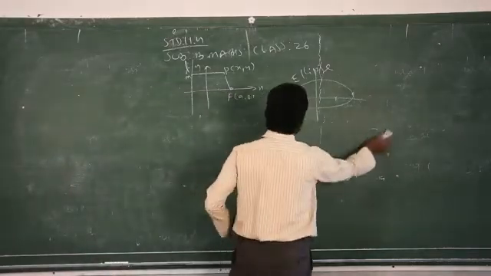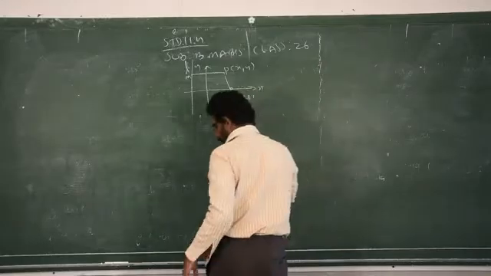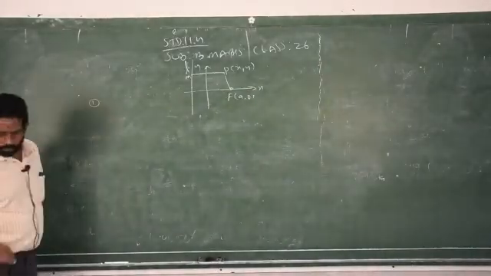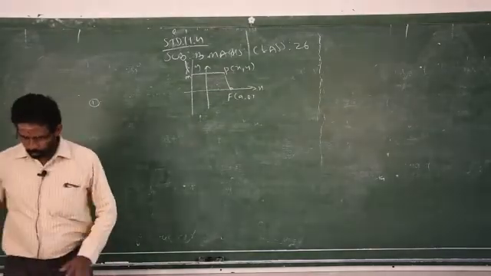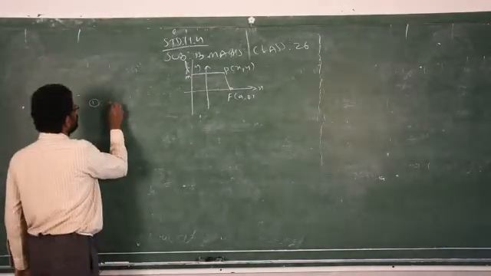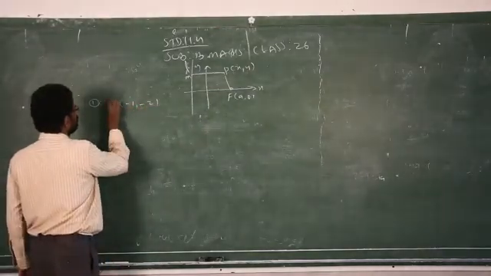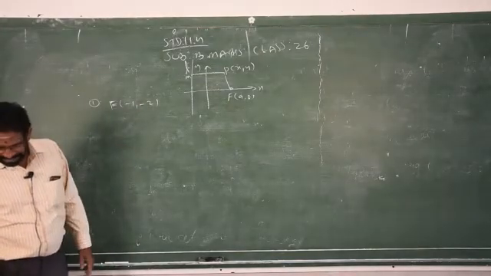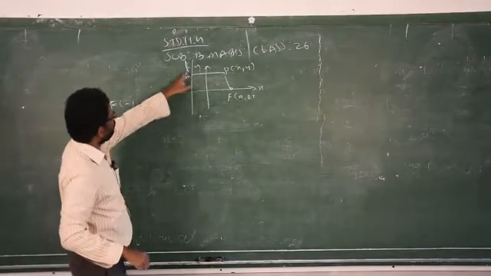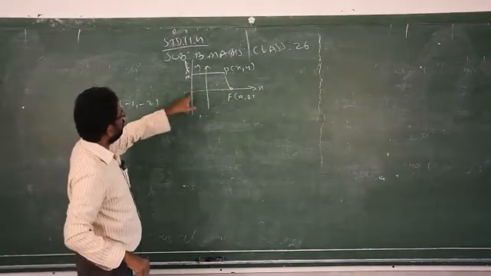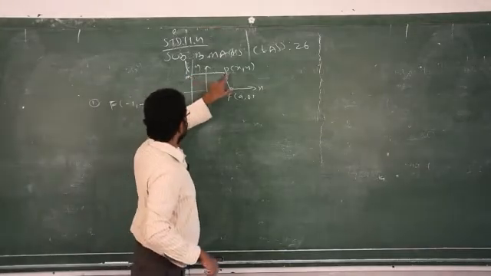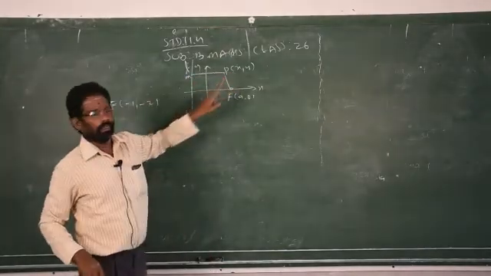So now, based on this diagram, we will see question number 1. Find the equation of the parabola whose focus is given -1, -2. Focus F, you may take it as S also. Then directrix. What is the directrix? Perpendicular line to the x-axis and the perpendicular to the line from the moving point P x comma y.